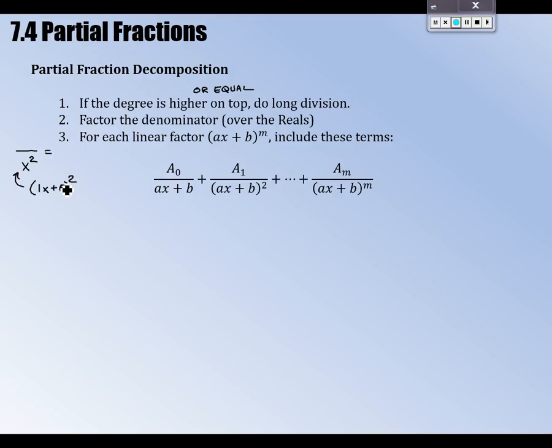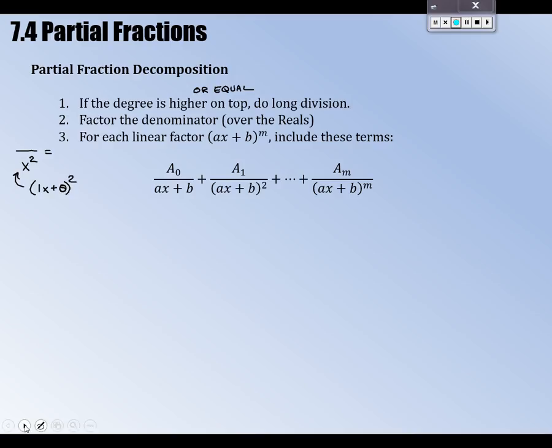So that means we need to have A0 over x, and A1 over x squared. We need to have every copy of that linear factor all the way up to its multiplicity in the factorization. So if this is to the third power, that's going to contribute 3 terms to our breakdown.